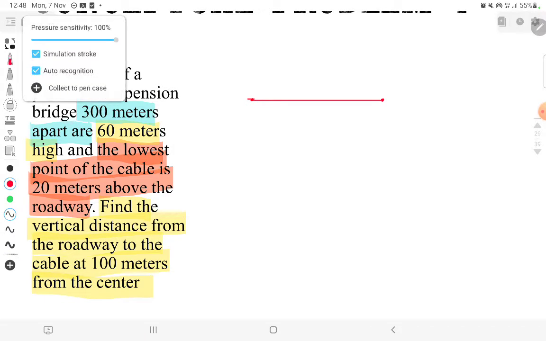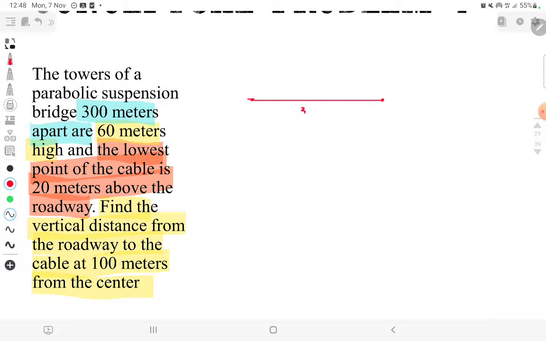Next, the towers are 60 meters high. So towers 60 meters high.